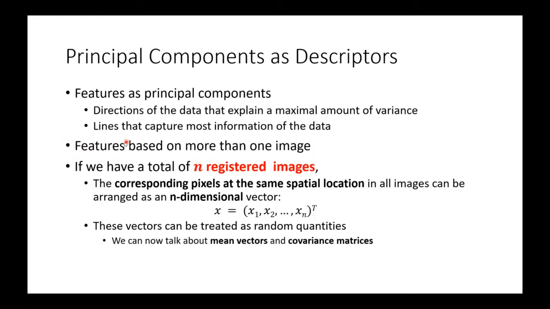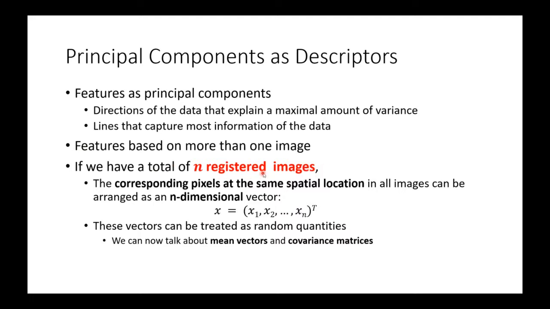These features for the principal component analysis are based on more than one image. So far we've seen features extracted from single images. Now these features are based on more than one image. We need to assume that we start with a total of n registered images.